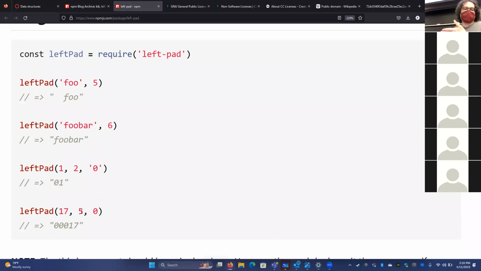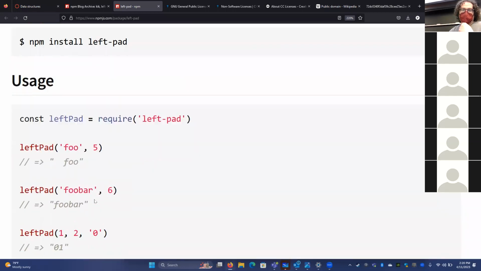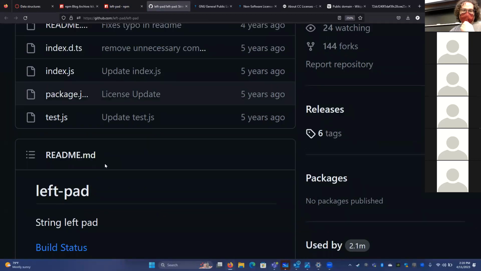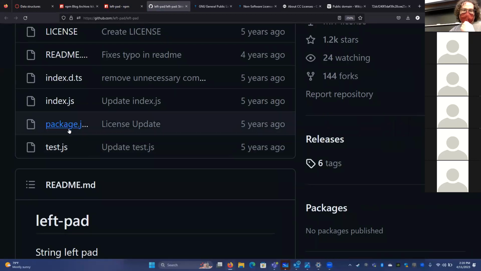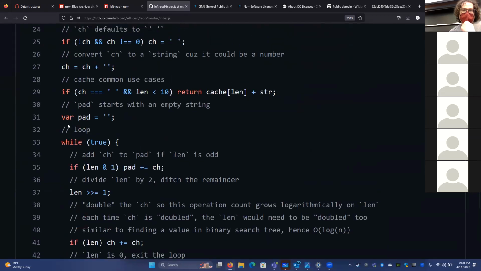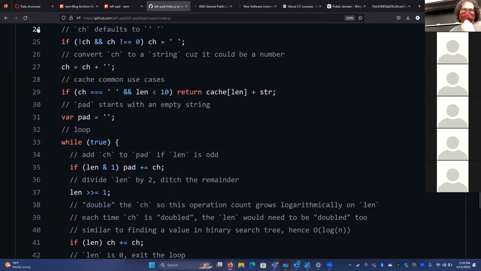That takes in 17, 5, adds 0s to the left of it. So now it makes that number 17 5 digits long. It's very straightforward. It takes almost no code whatsoever to do. I think it's like 15 lines. It is not that many. The comments are longer, to be honest, over here as to what it does.